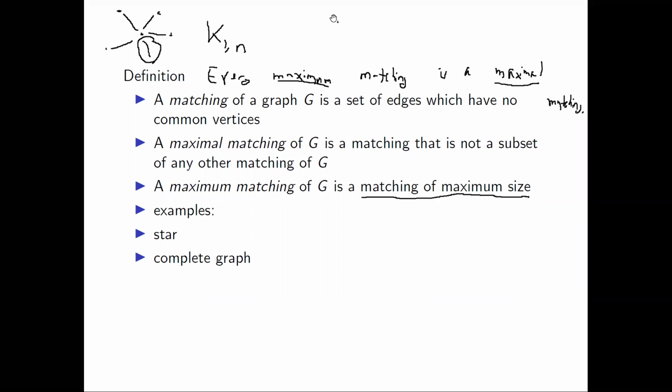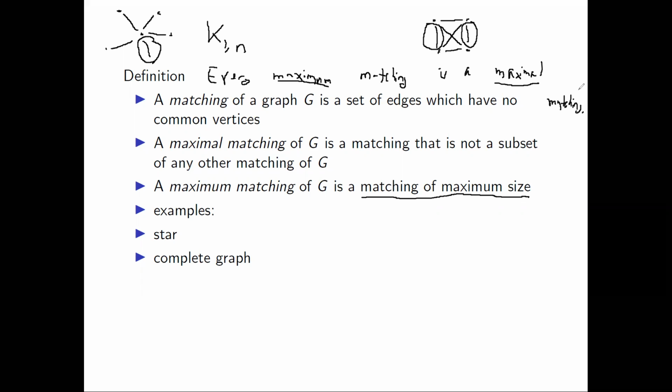Let's consider a complete graph. I'll draw a pretty small one so it doesn't take forever to draw its edges. We'll do a K4. It'll have some crossing edges, unfortunately. And if we want to find a matching in this complete graph, we can take this and this right here.